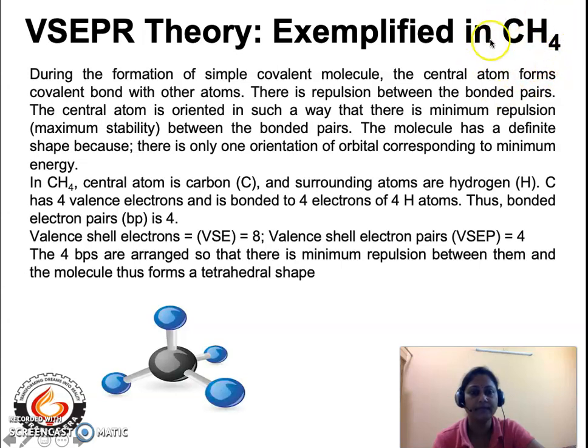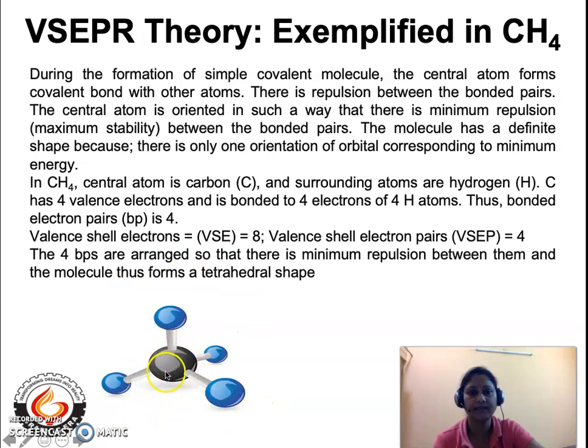Now, in the case of methane, you can see that this is a diagrammatic representation of methane. Here, the central atom is representing the carbon, and the surrounding atoms which are shown in blue are the hydrogen atoms. So during the formation of methane, what is happening?